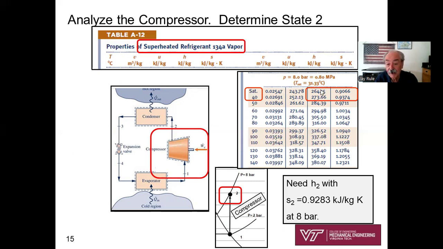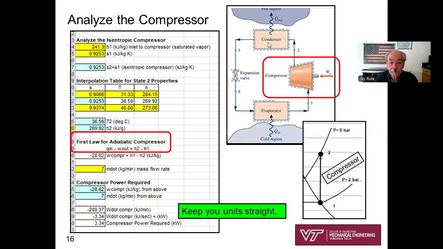What you're required to find is H2. You need H2. And so here it is, okay? We wrote down H1 and S1. We observed that S2 equals S1. That's our isentropic compressor. We set up an interpolation table. So here were the two straddling S values. Here is our S value, S2.